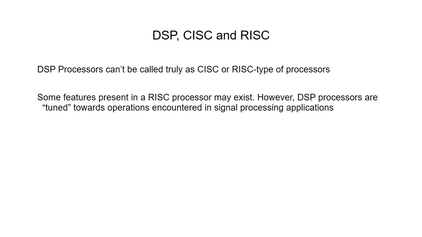RISC CPUs generally run at faster clock speeds than CISC because the maximum clock period is dictated by the slowest step of the pipeline. More complex instructions are slower than those of RISC processors.